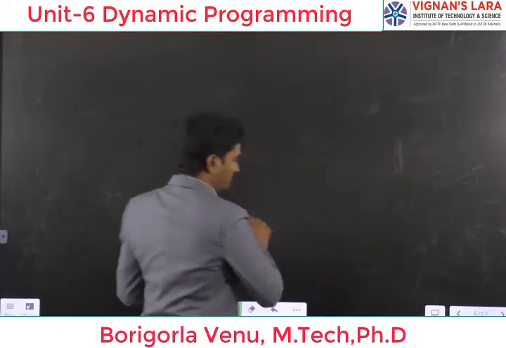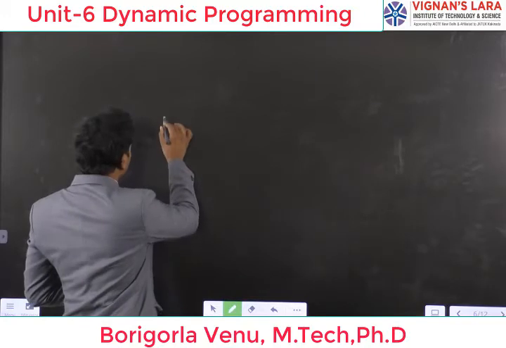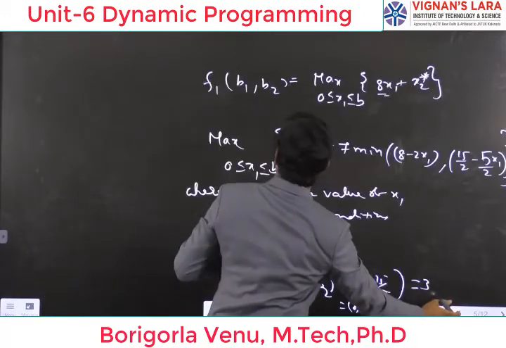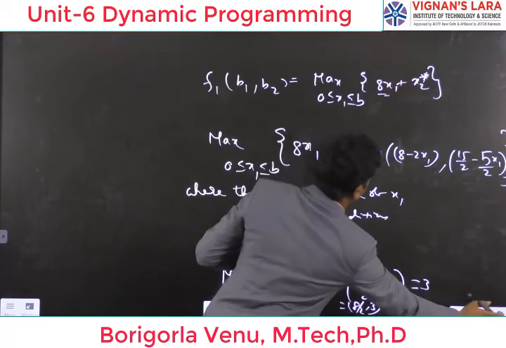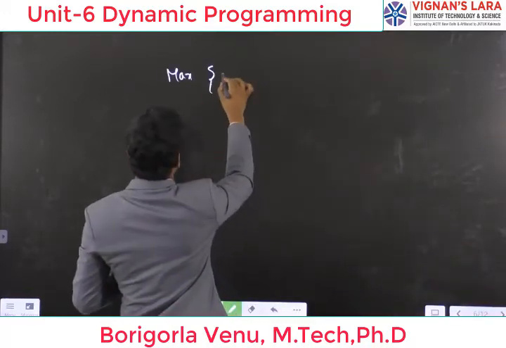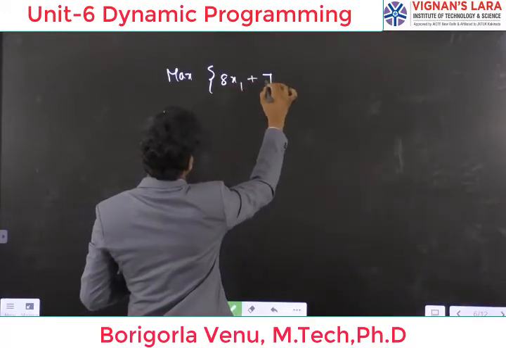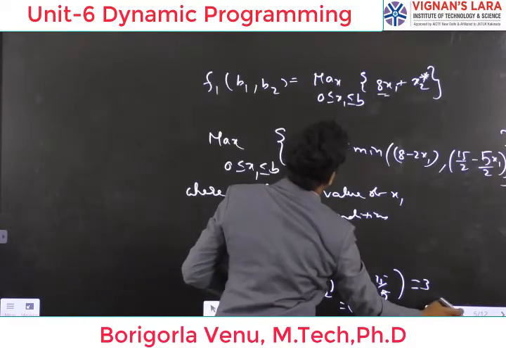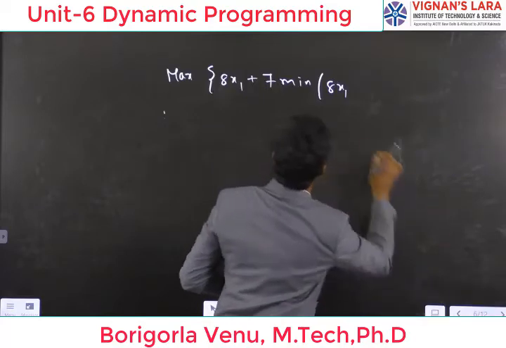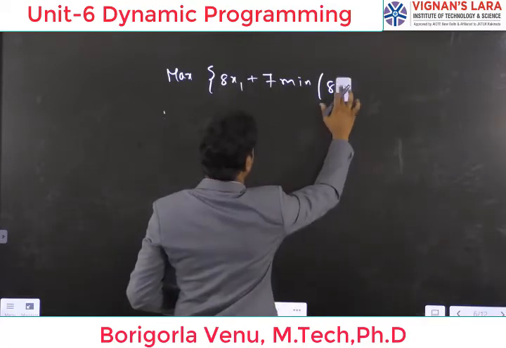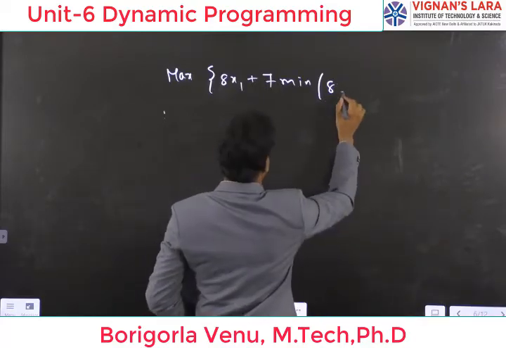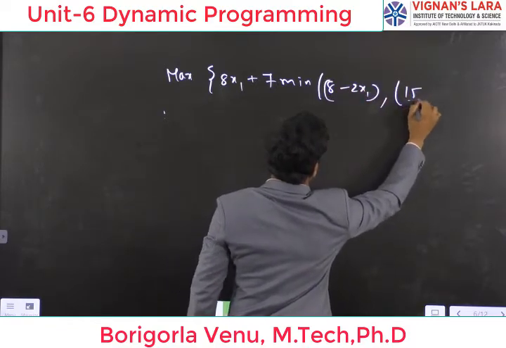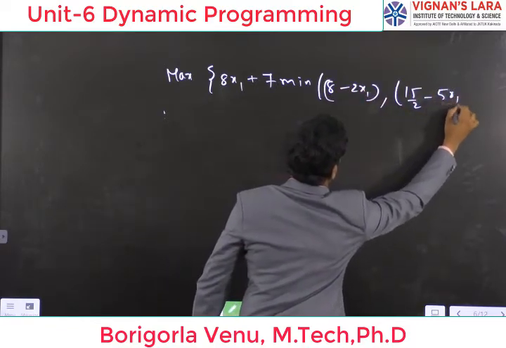Here the equation is maximize 8x1 plus 7 times the minimum of 8 minus 2x1 comma 15 by 2 minus 5x1 by 2.